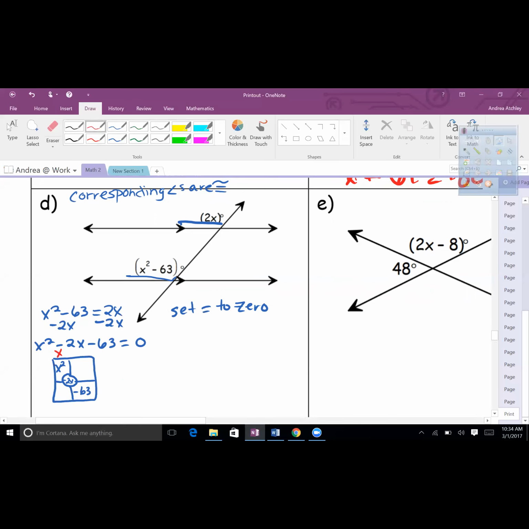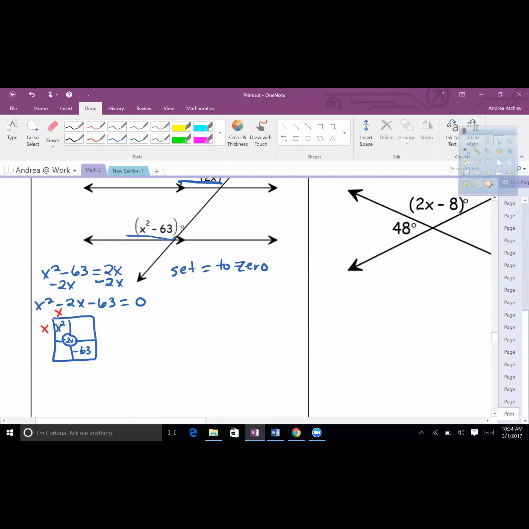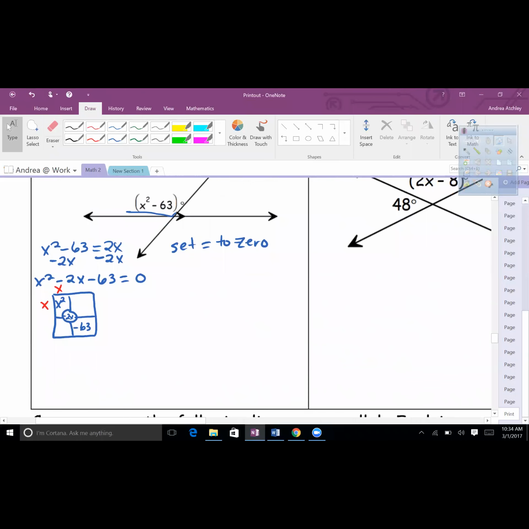This is going to be x and x on this side. Okay, what multiplies to 63? 9 and 7. This will give me 9x and 7x.